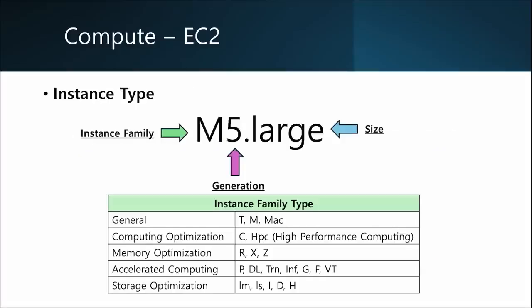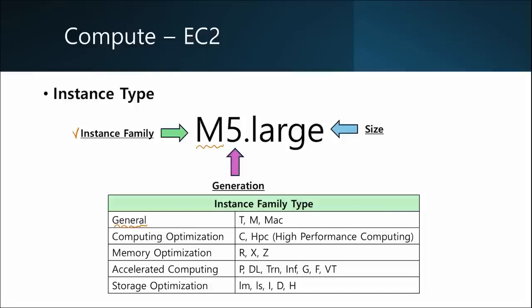We talked about instance types earlier. Instance types are types of EC2 computing. Each string in the type has its own meaning. In the case of English letters in front, it means an instance family. First, there is the general purpose T, M, and so on, that we mostly use. You can choose whether it is optimized for computing or optimized for memory.